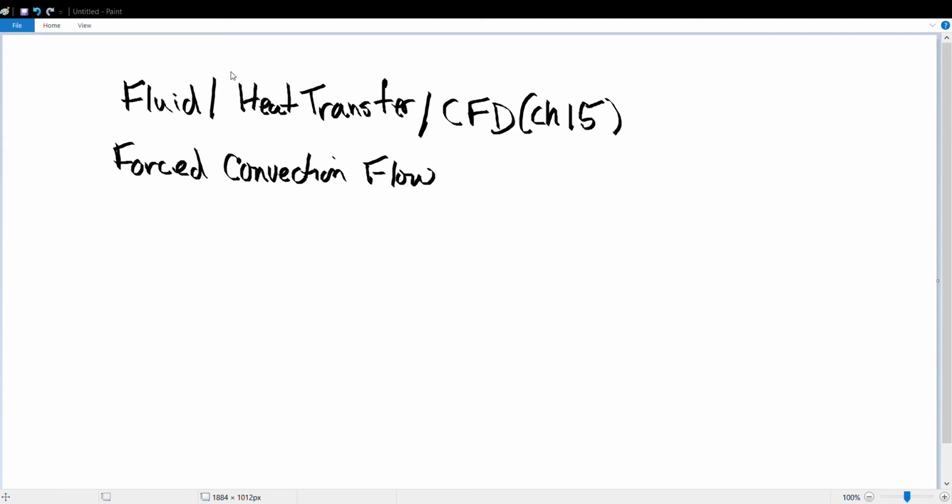That's chapter 15 as we have here written on the notes. Chapter 15 of your text mentions computational fluid dynamics and what a CFD program looks like when we're trying to analyze something like a heat flow problem.